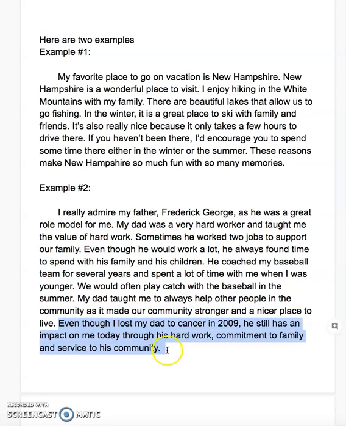We usually refer to this as a concluding sentence. It is a conclusion to the paragraph. So we have a topic sentence, we have supporting sentences, and then the last sentence we have is a concluding sentence.